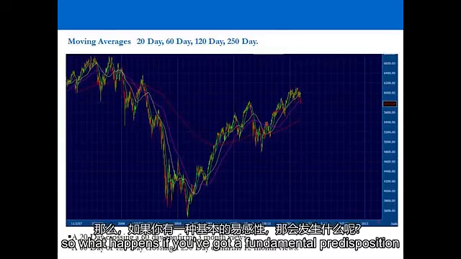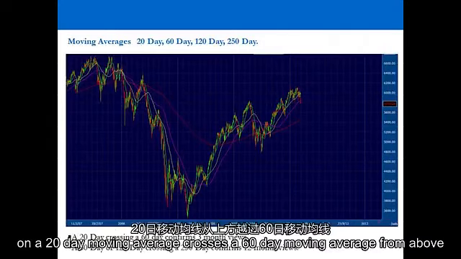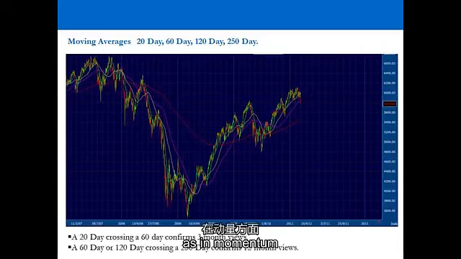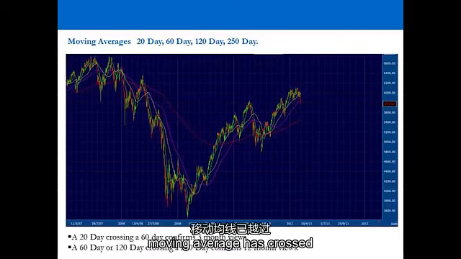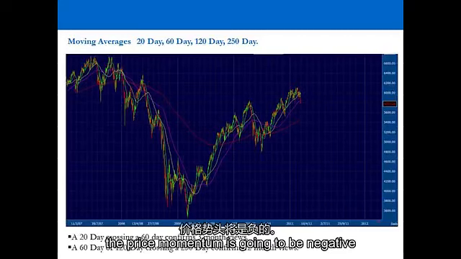So what happens if you've got a fundamental predisposition of bullish and a 20-day moving average crosses a 60-day moving average from above, as in momentum's down? Well, that just means your 1 month moving average has crossed your 3 month moving average, signifying that in all probability, for the next quarter, the price momentum is going to be negative.